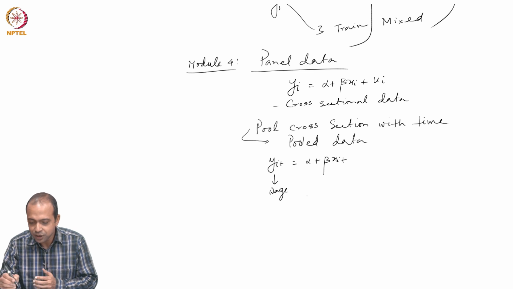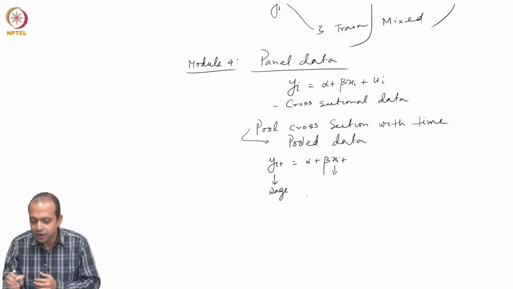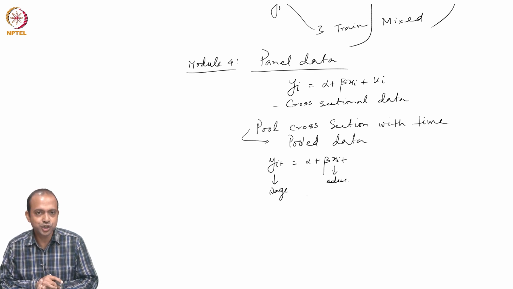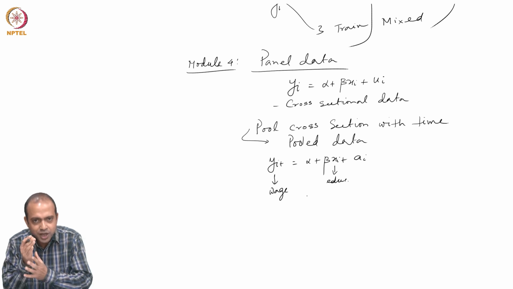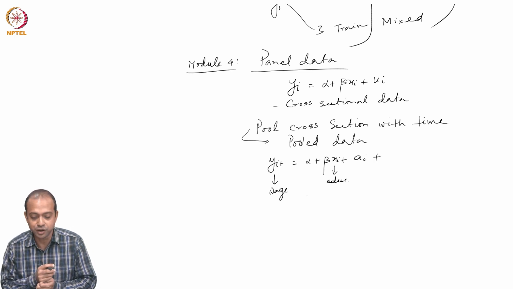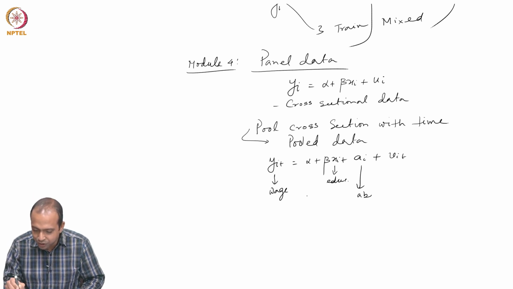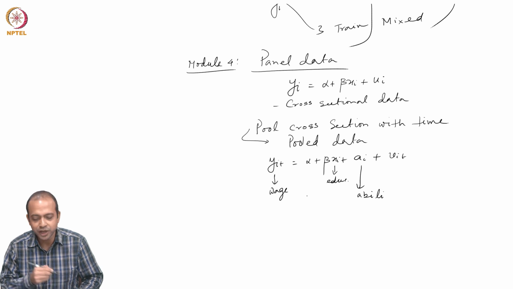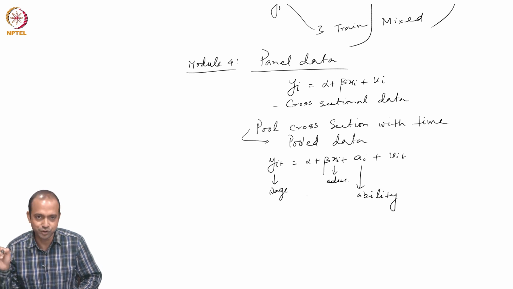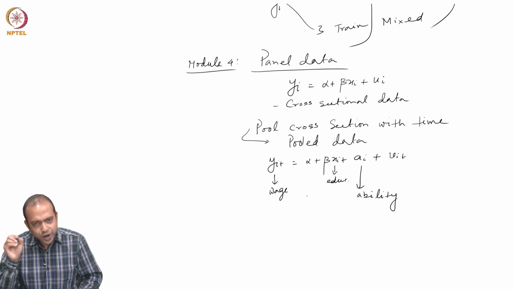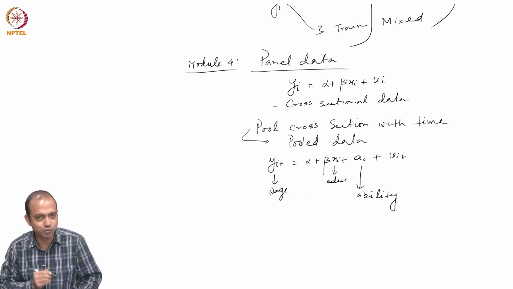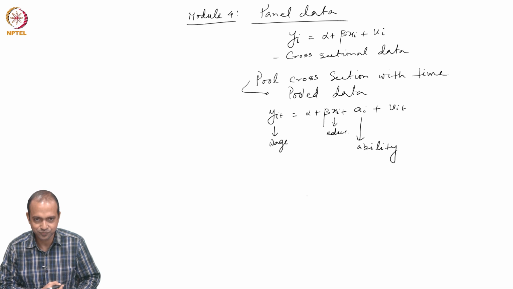So, what will happen? This ai will then go into the idiosyncratic error and they together will form the composite error term. In case now this education and ability are correlated, then we will end up in a situation which is called endogeneity. One option to deal with such endogeneity is using instrumental variable estimation.